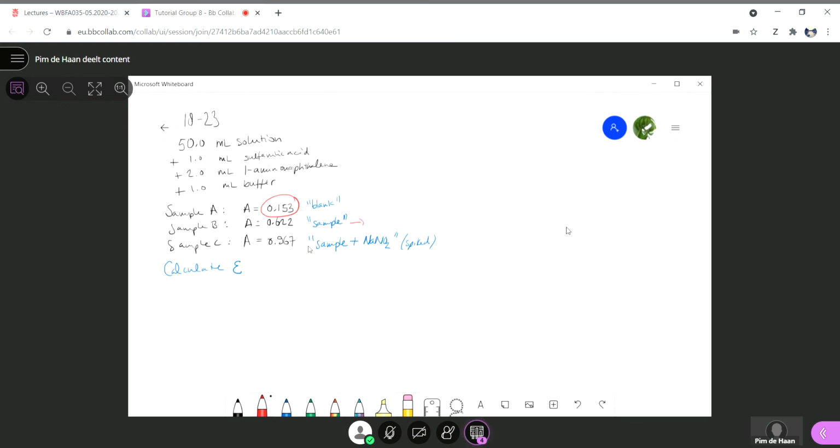This one is going to be 0.622 minus 0.153 equals 0.469. This one, 0.967 minus 0.153 equals 0.814. Okay, first couple of points are in on the exam. That's nice.